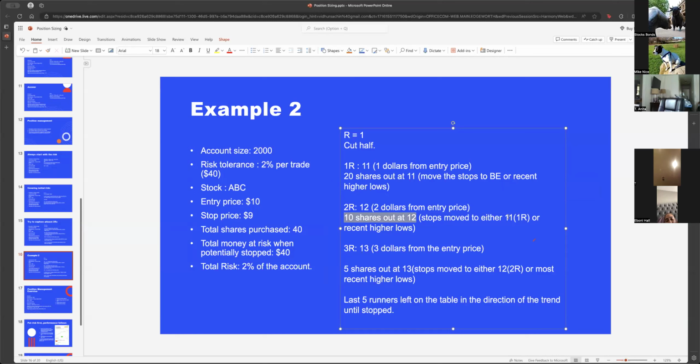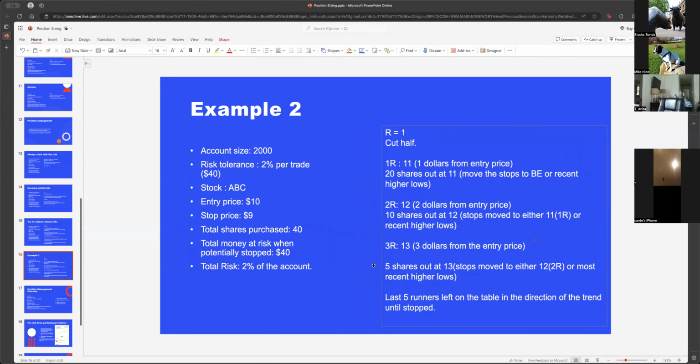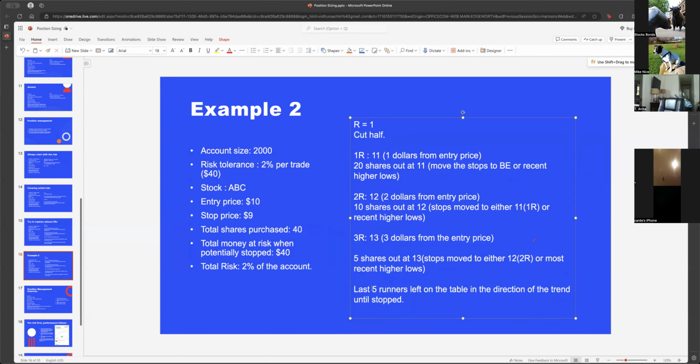And you move your stop losses on the runners to either $11, which is 1R, or the recent higher lows. And when the price hits 3 times your stop loss to the upside, that is where you're going to be exiting most of your position, leaving some runners on the table by just moving your stop losses up over and over and over again until the dominant trend shifts. That is all you need to do.